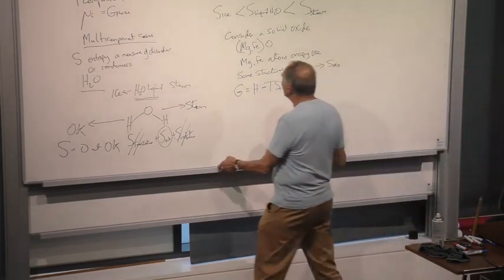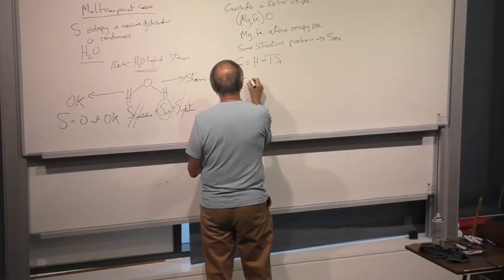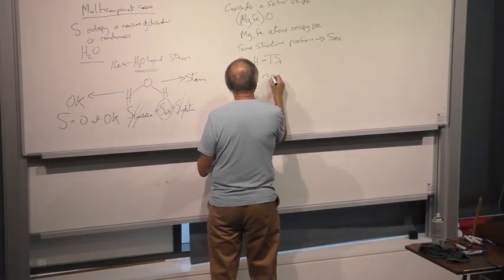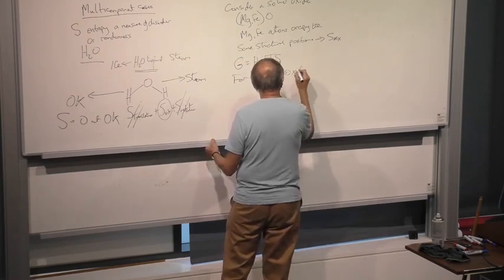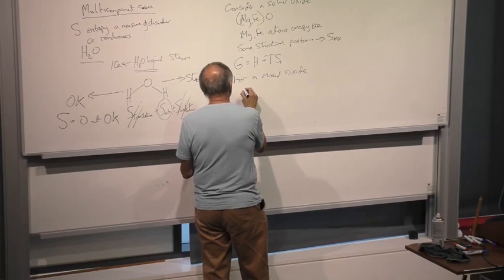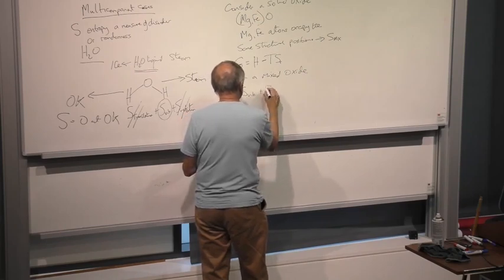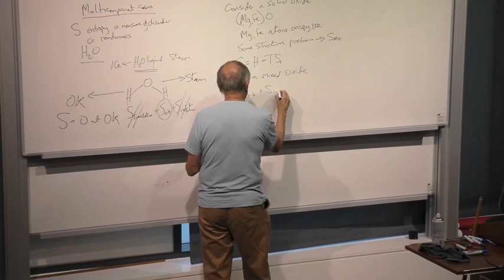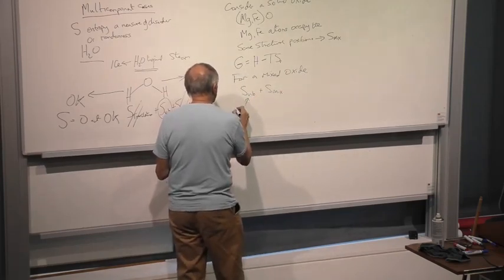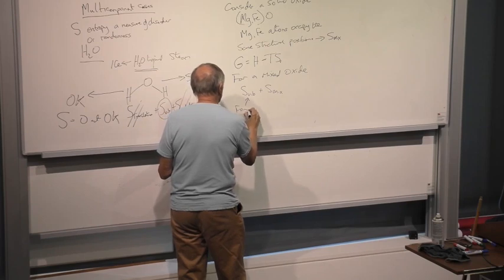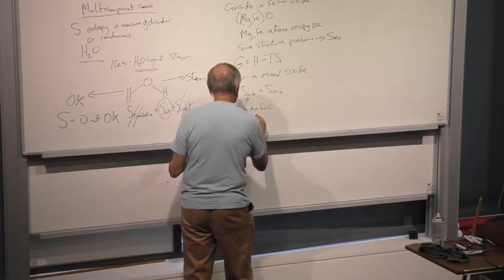So let's say for our mixed oxide, we have vibrational entropy plus mixing entropy. And the vibrational contribution is from the end members, from pure FeO and pure MgO.